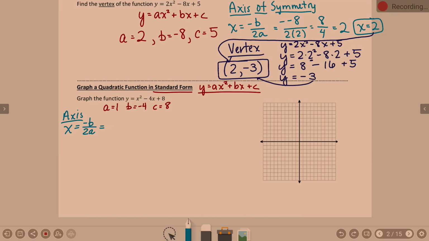Again, I did it again. I made b negative. Realize if b was already positive, then the negative would change it to a negative, yes? We're doing the negative of -4. So it's going to become positive 4 over 2a, so 2 times 1. 4 over 2, which is 2. So we have an axis of symmetry of x equals 2.